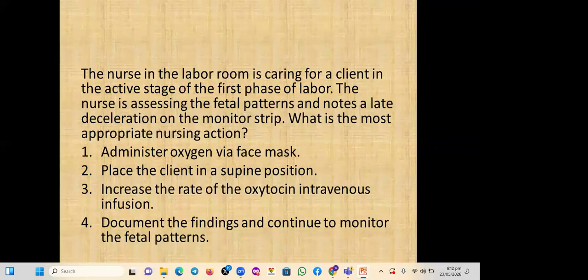What is the most appropriate nursing action? 1, administer oxygen via face mask. 2, place the client in a supine position. 3, increase the rate of oxytocin infusion. 4, document the findings and continue to monitor the fetal patterns.